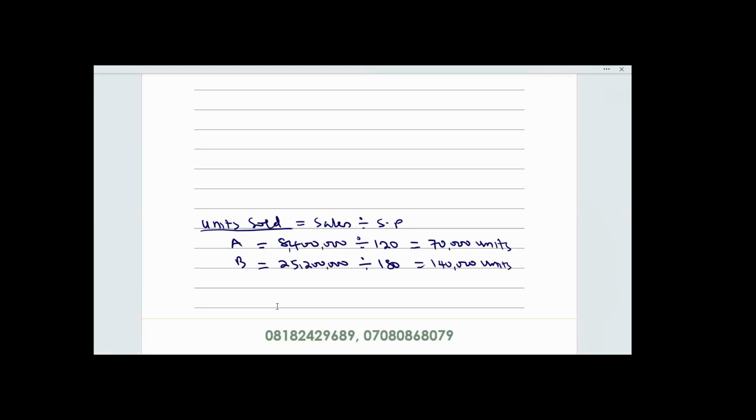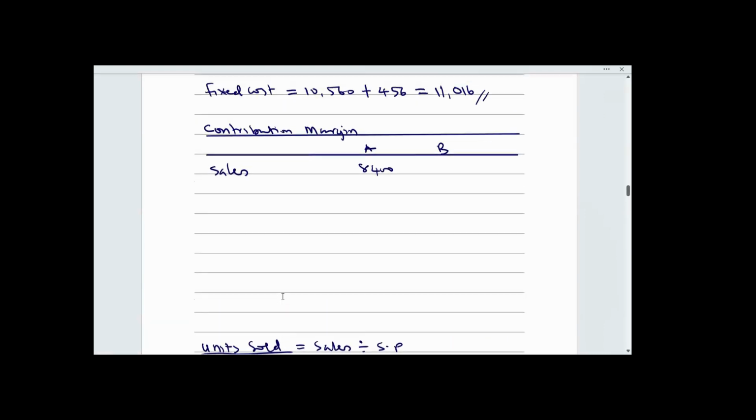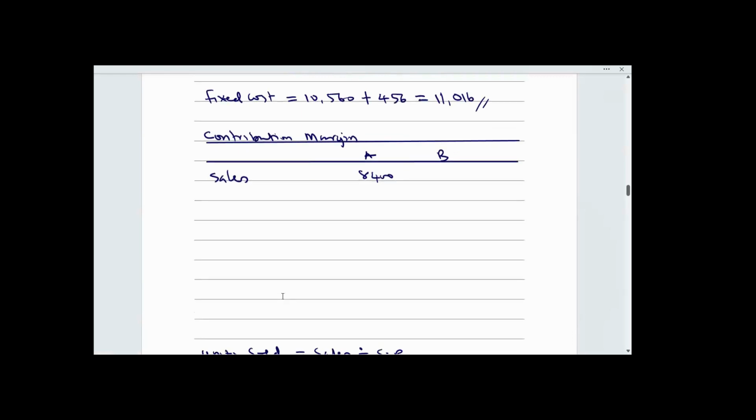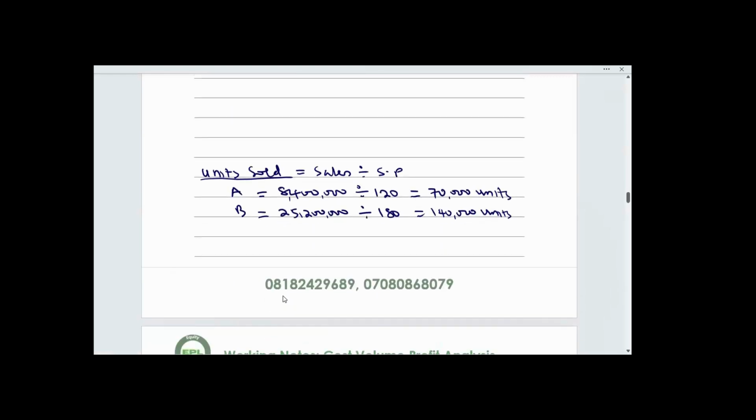So now that you have the units sold, I can go back and compute the sales for B. Sales of product B will then be equal to 140,000 units multiplied by the revised selling price of 160 naira.